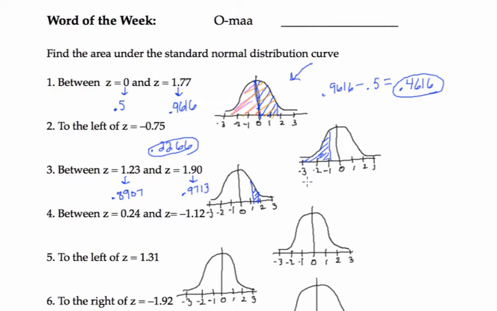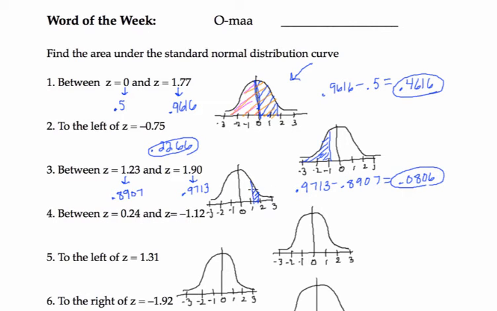So to find the area in between there, you subtract. That gives 0.0806, or about 8%.